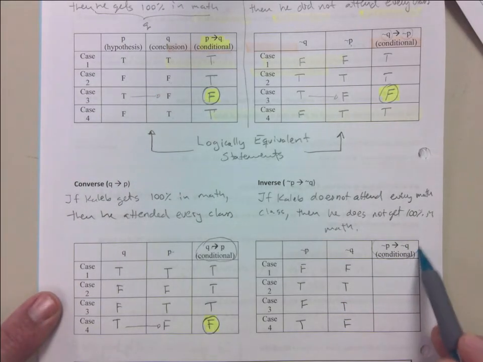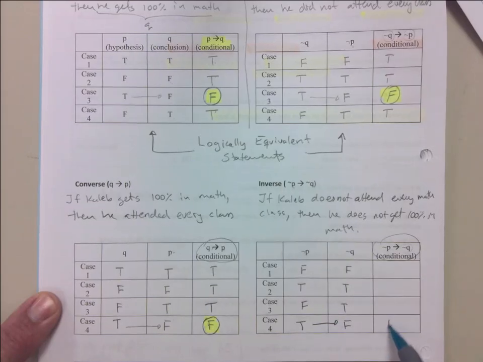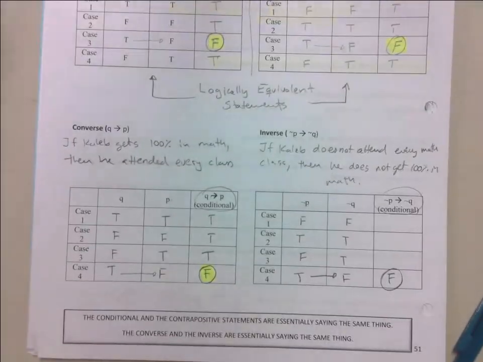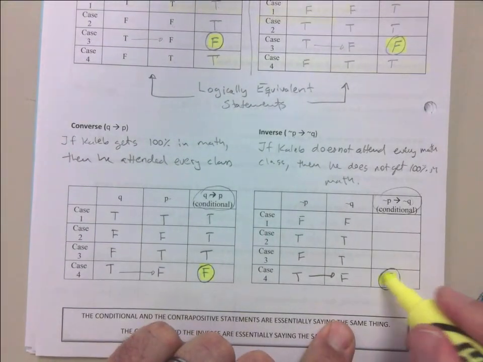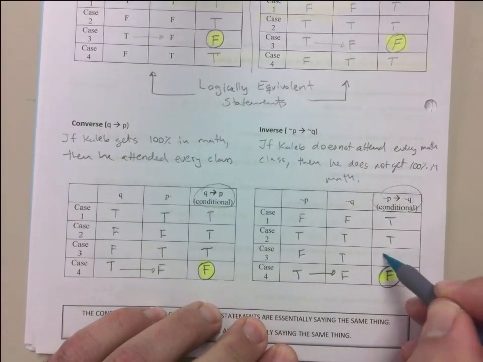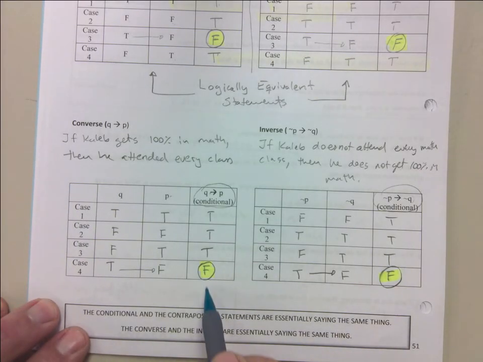And so when you fill in this truth table, you go from not P to not Q based on this, and the only time you have a false is at the very end there, that 4th case. Everything else is true. So again, they're logically equivalent.